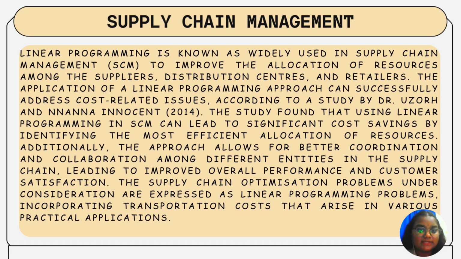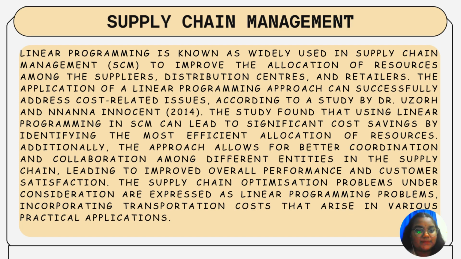According to the study by Dr. Yusuf and Nana in 2014, the study found that using linear programming in SCM can lead to significant cost savings by identifying the most efficient allocation of resources.